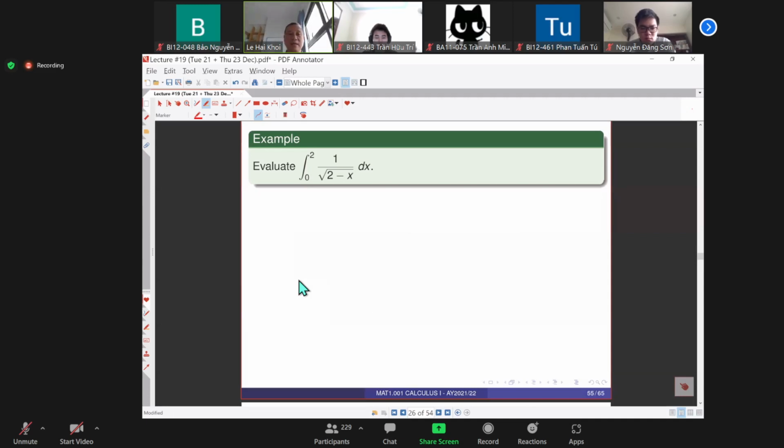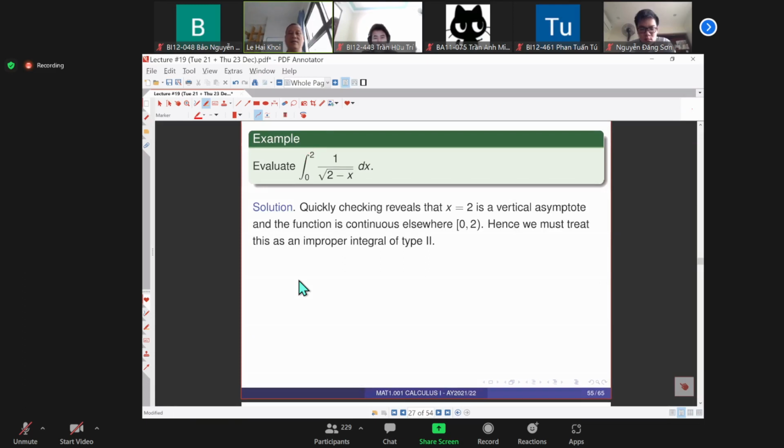Okay, so for example here, in this case, you understand that at point x equal to 2, the denominator is 0, and you have the vertical line at the right end, which means continuity only on the half open interval [0, 2) without 2. Look at that. We could think it is a definite integral, but actually this is not. This is an improper integral of type 2.